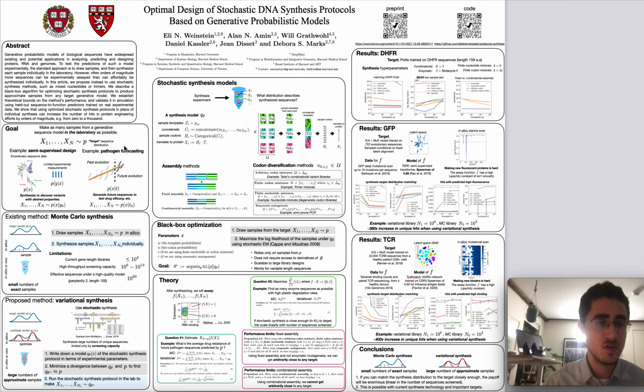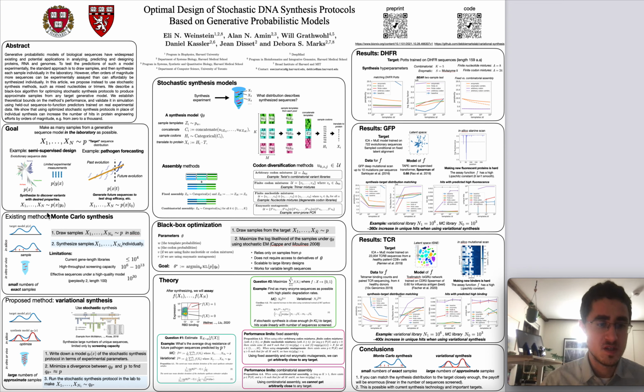As another example, you might be studying pathogen forecasting. You've built some time series model of sequences, and then you want to test in the lab predicted future sequences, for instance, to evaluate the efficacy of some drug on future strains. In both these cases, we want to be able to make as many sequences as possible in the laboratory from our target distribution P, whatever it may be.